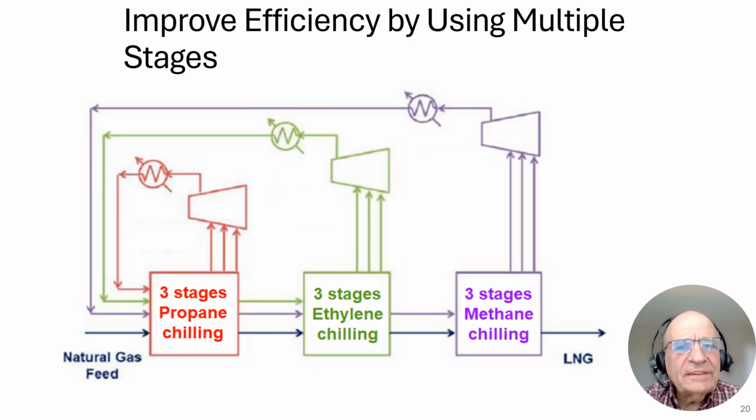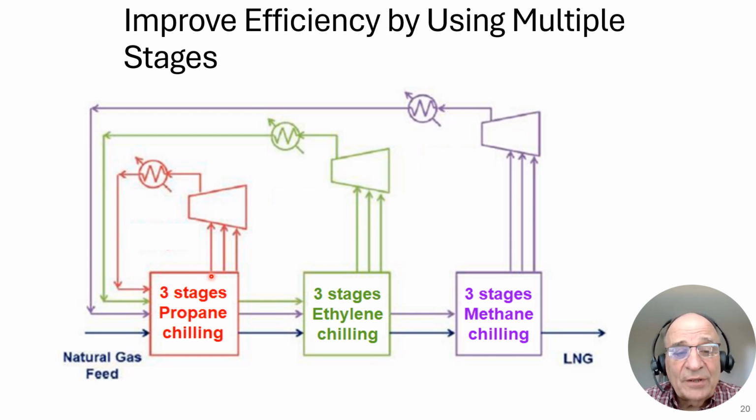Here we have a three-stage LNG cascade system. We have natural gas coming in, and becoming LNG as it's chilled in the first chiller, then chilled in the second chiller, then chilled in the third chiller, and out here we have LNG. Now out here we'll actually have LNG and flash gas, but I'm showing it as LNG. In these three chillers, we have three stages of chilling.